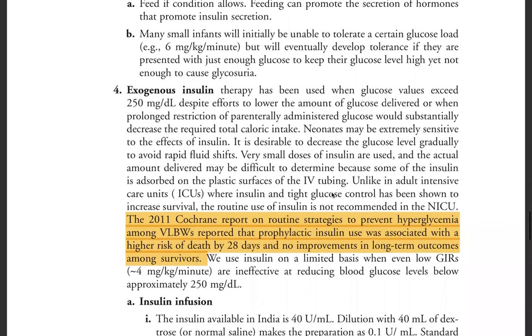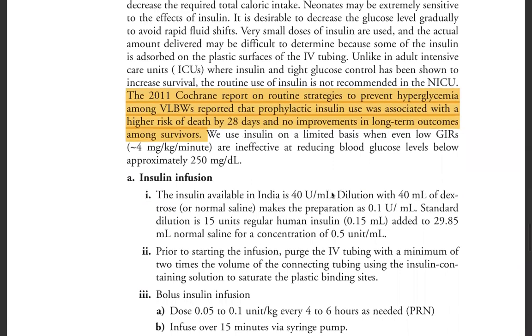How to give insulin: you have to dilute it and prime the tubing. Most of the insulin will stick to your tubing, so purge the IV tubing 2 times. Load the syringe and keep it for 20 minutes so that whatever insulin sticks to the syringe borders and the tubing is fine.